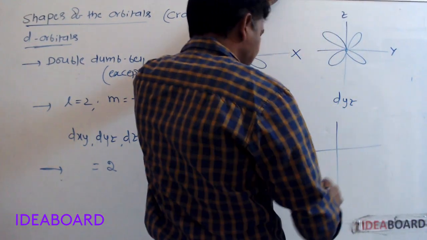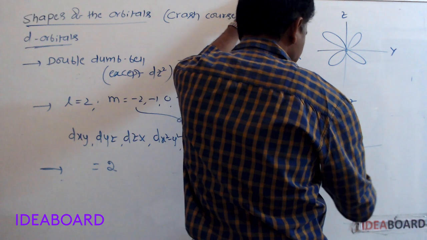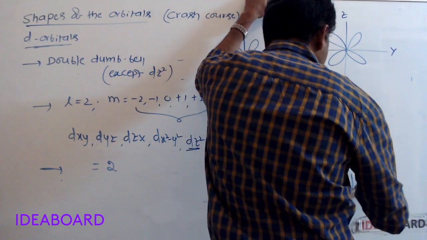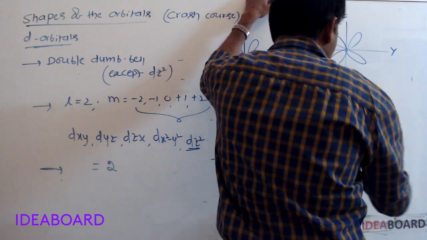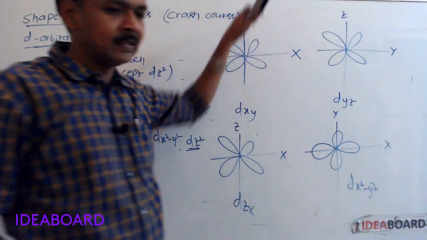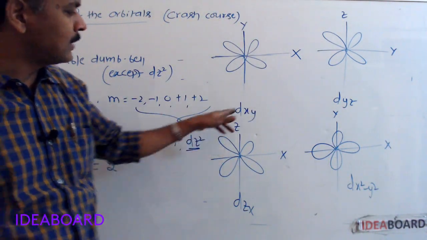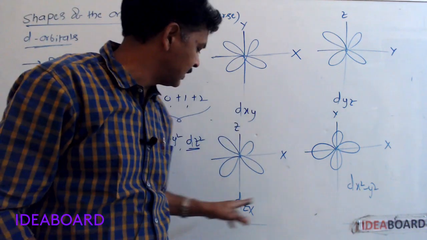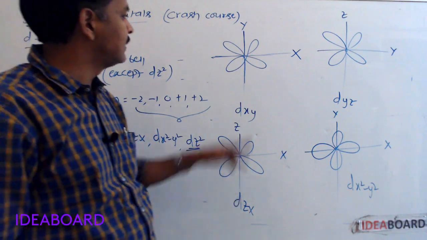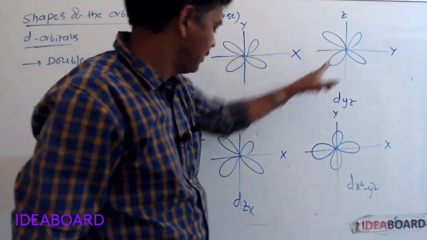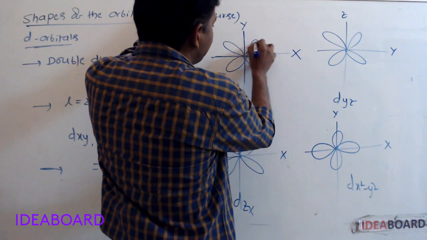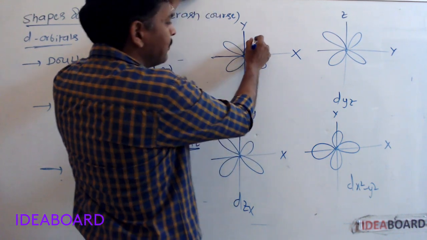For dx square minus y square, lobes are oriented along the axis. In case of the first 3 orbitals, dxy, dyz, dzx, lobes are oriented between the axes. Here the probability of finding of an electron is maximum at an angle of 45 degrees.